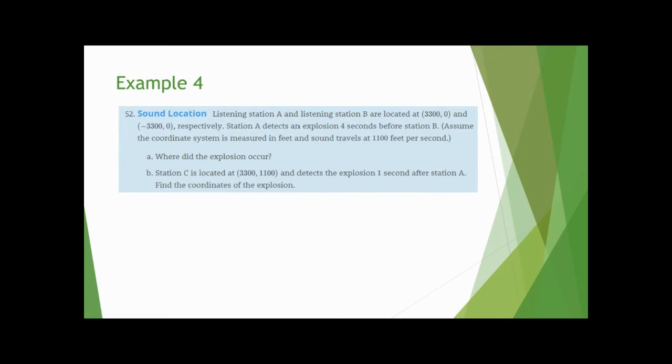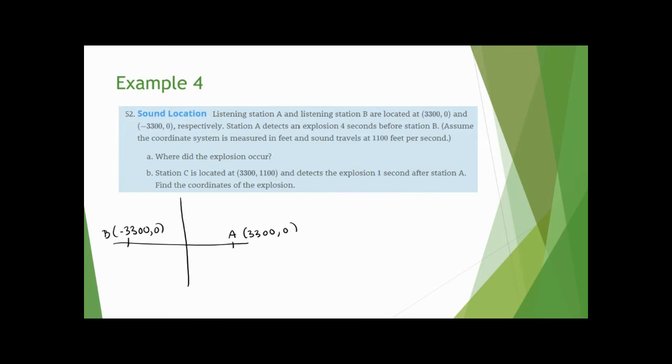So to do a problem like this, first I'm going to draw my picture. I have 3300, 0, so that is station A. And then station B is at negative 3300, 0.